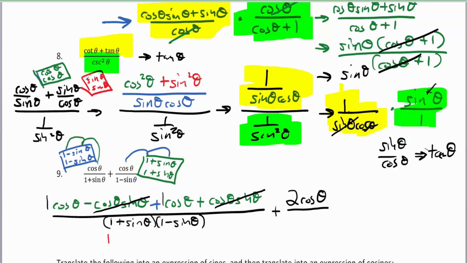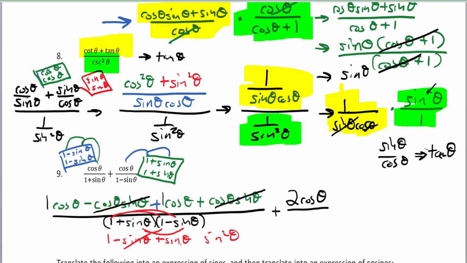That's again the first, the F of the FOIL. And then this times this is the outside term, so this is negative sine of theta. And then we do the inside terms here. The inside terms is going to be positive sine of theta. And then we do the last terms here, and the last terms is going to be negative sine squared theta.